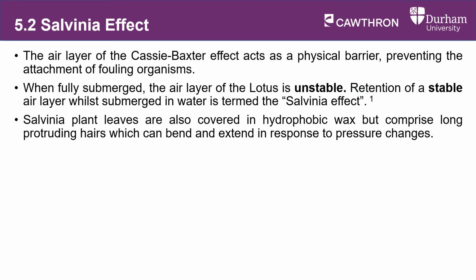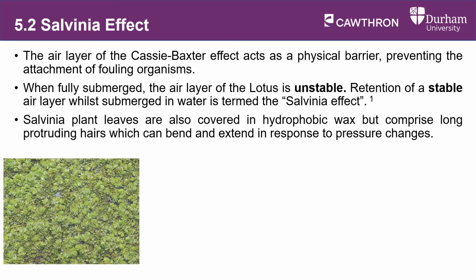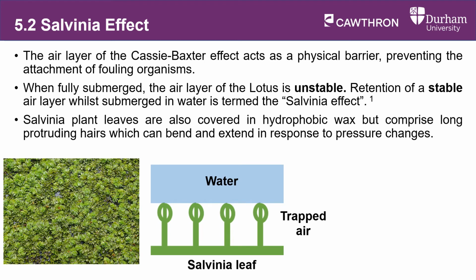Another family of plant species that display superhydrophobicity are the Salvinia water ferns, shown in the image here. The layer of air that is created when water rests on superhydrophobic surfaces can act as a physical barrier, preventing any fouling material or organisms from reaching the surface.